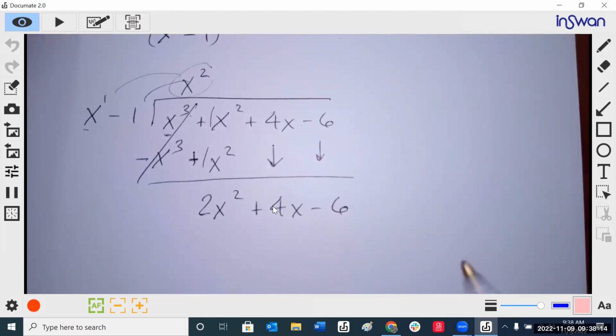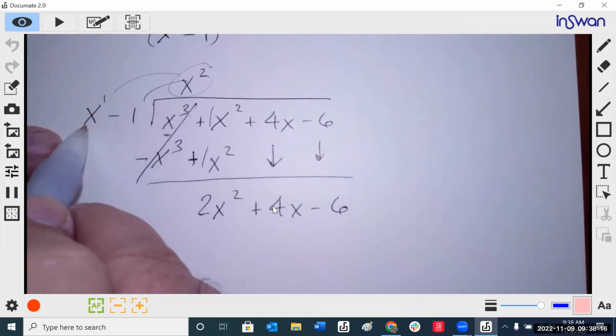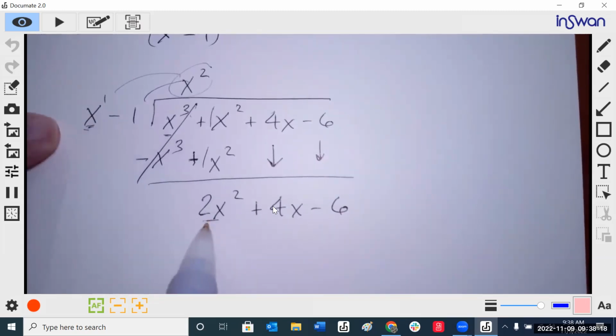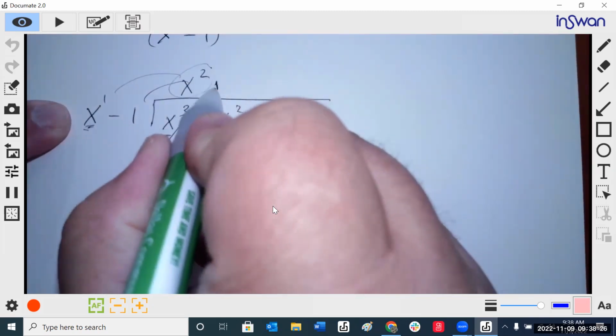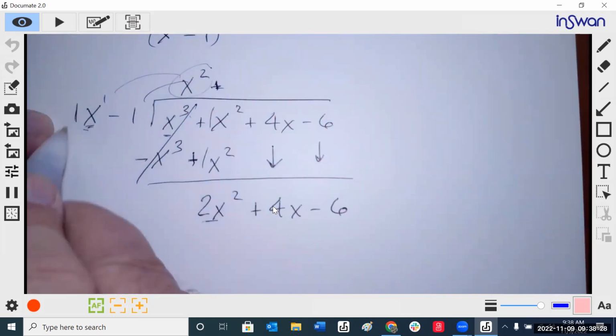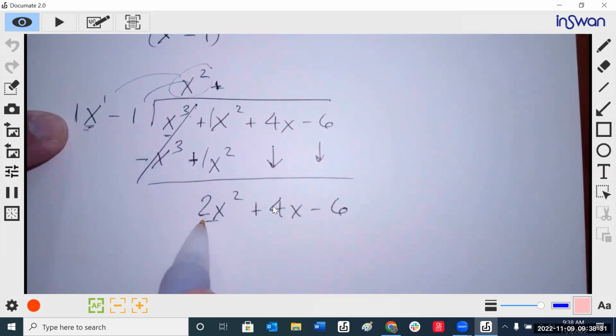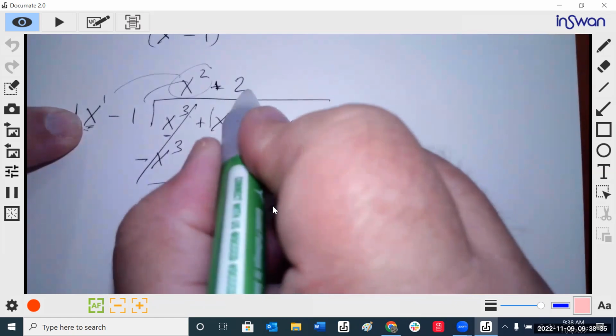And repeat the process. Look at the leading terms. What times x gives me 2x squared? Well, first off, positive times positive is a positive. This is a 1 here. What times 1 equals 2? How many more x's are missing? 1.